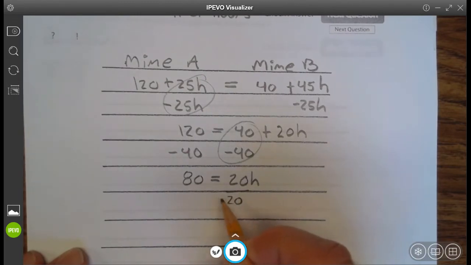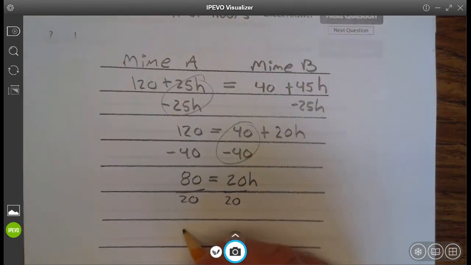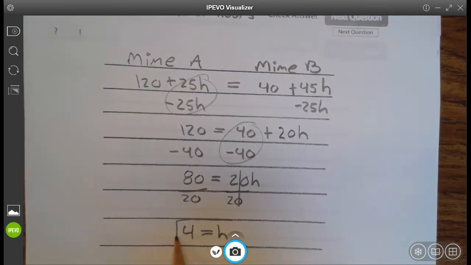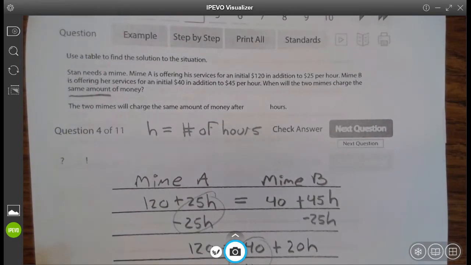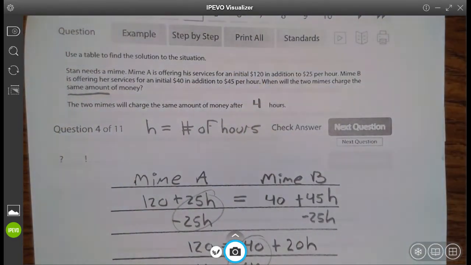Divide both sides by 20. 80 divided by 20 is 4. That becomes 1, so h equals 4. All right, so two mimes will charge the same amount of money after 4 hours.